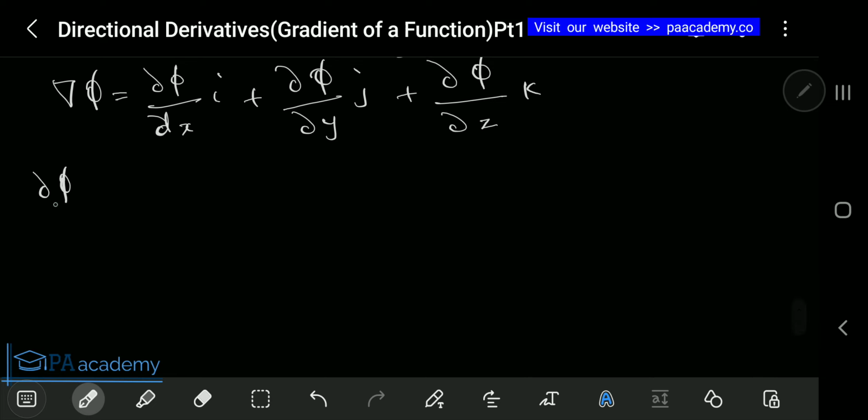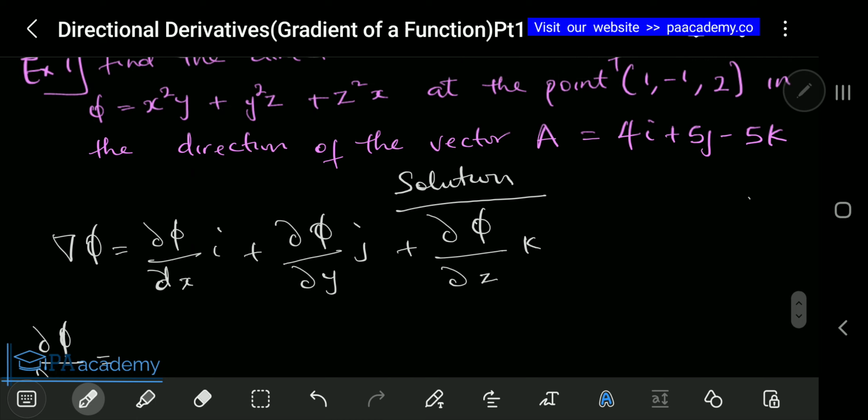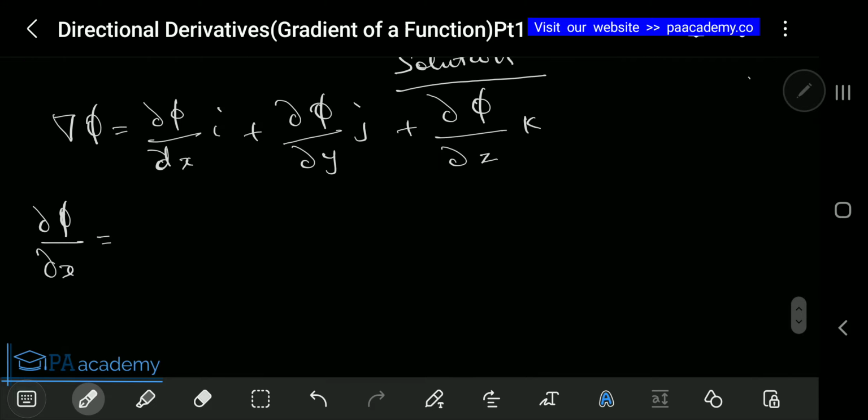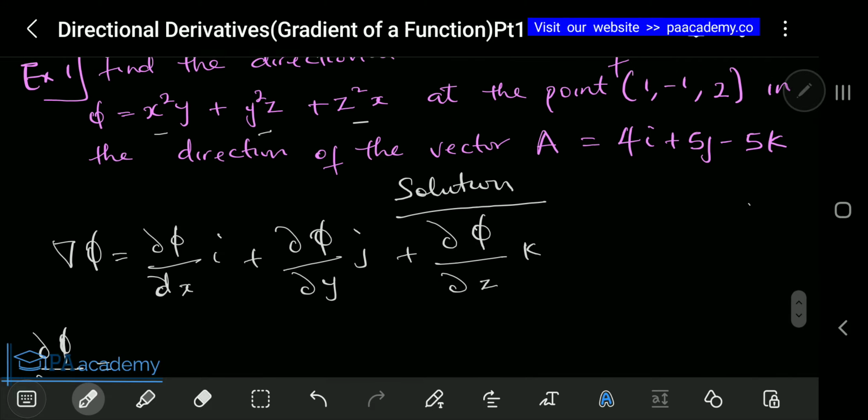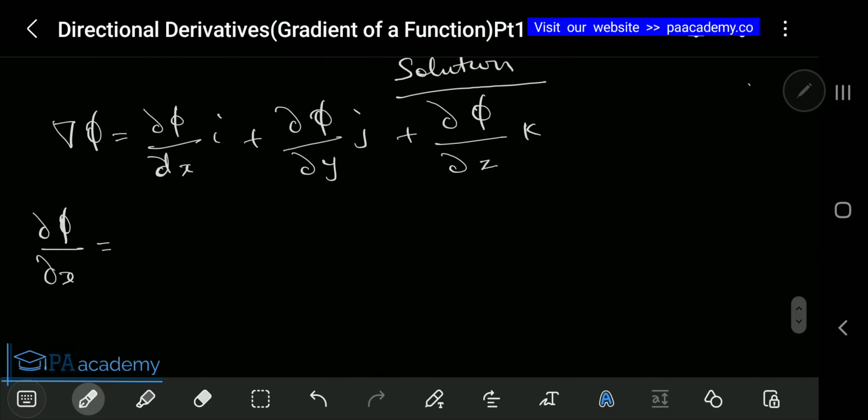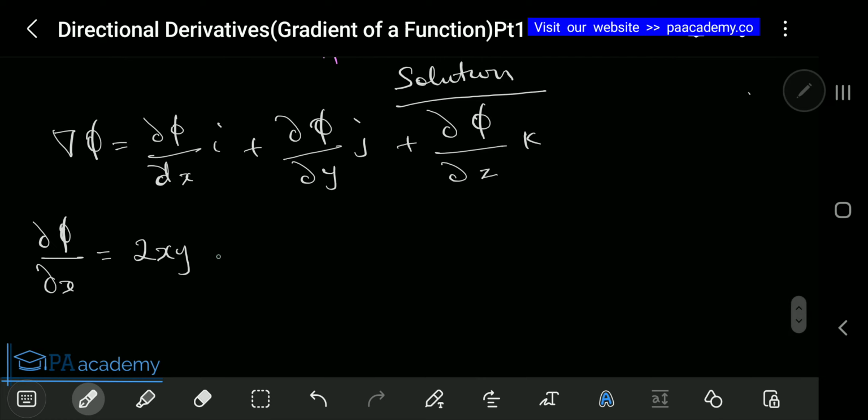Let's do the partial differentiation of phi with respect to x. If you differentiate this with respect to x, this will be 2xy, this will be 0, and this will be z squared. So let's write that down: 2xy plus z squared i.